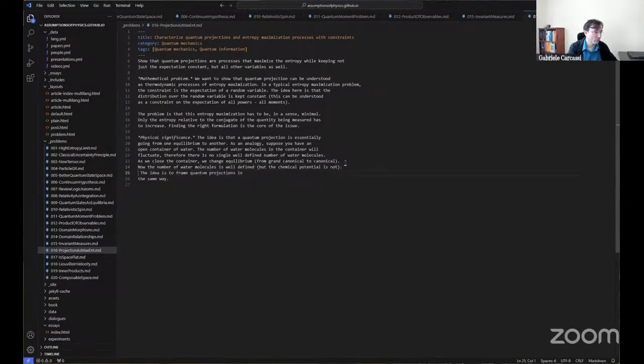The idea is to frame quantum projection in the same way, as changing an equilibrium, where you go from a set of quantities that are well defined to one that is not well defined. And the projection, if you think of it in the space of the ensembles: if you have a Bloch sphere and you want to measure spin up, then the two poles are the eigenstates of spin up and spin down.